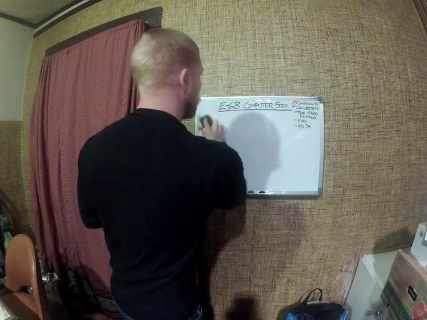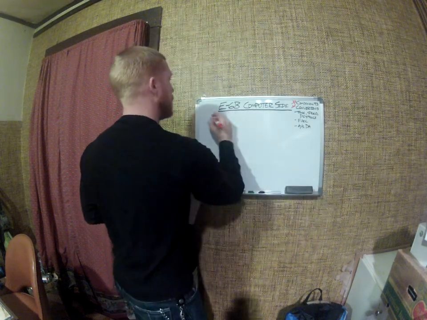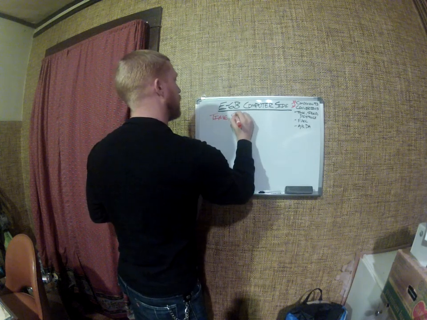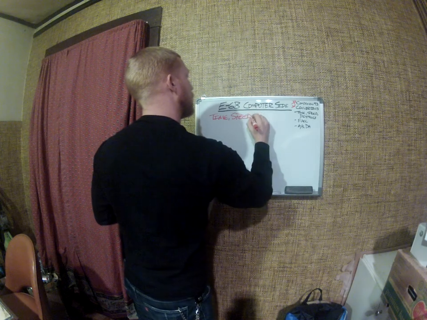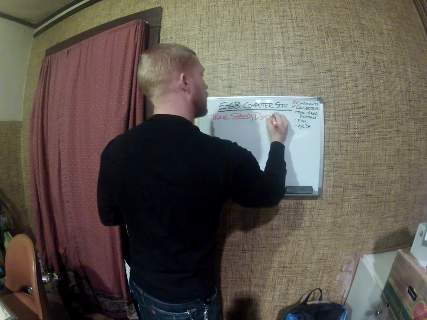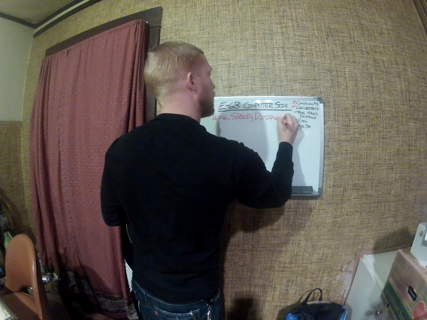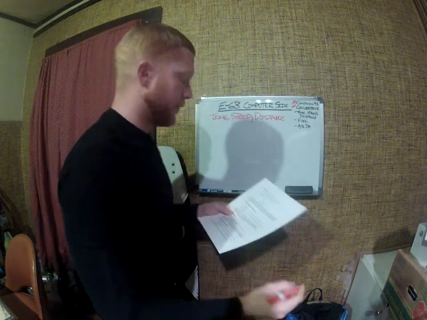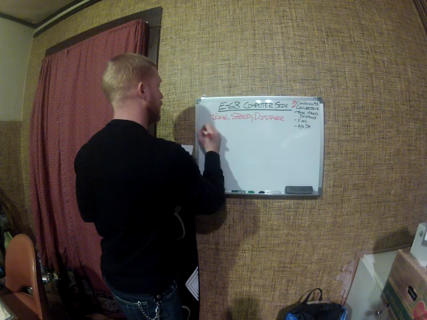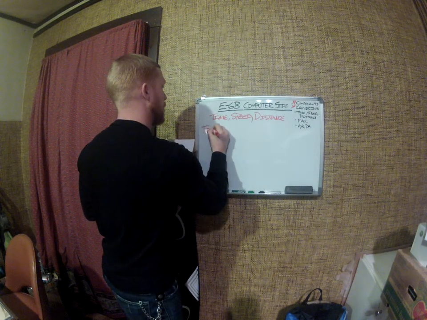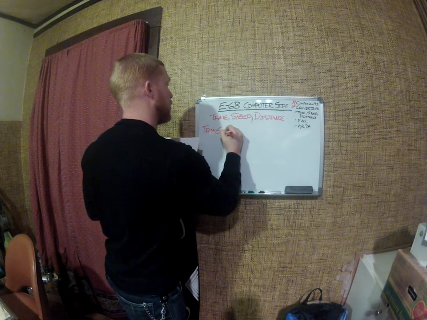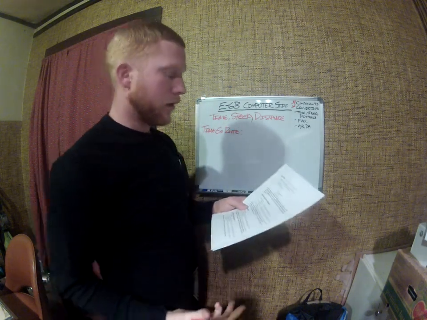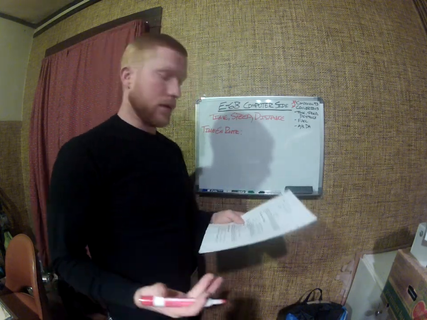Next, we are going to talk about time, speed, and distance calculations, or computations. First one we're going to do is time and route. For time and route, you need your airspeed and your distance.